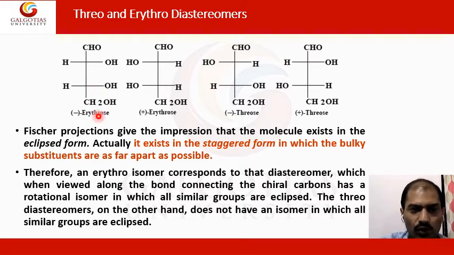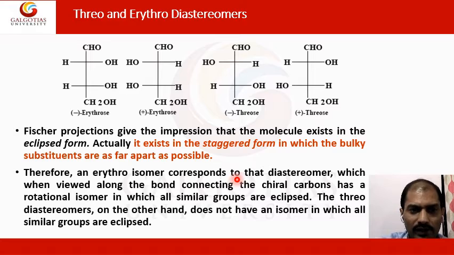This is also designated as threo and erythro, which are different designations. The Fischer projection can give this kind of form. It exists in staggered form, in which the bulky substituents are as far apart as possible, which minimizes the energy.